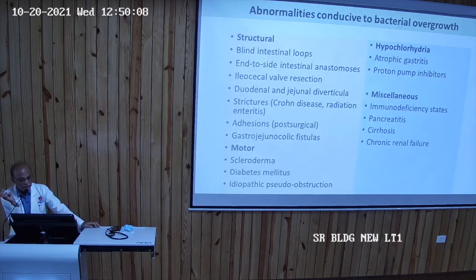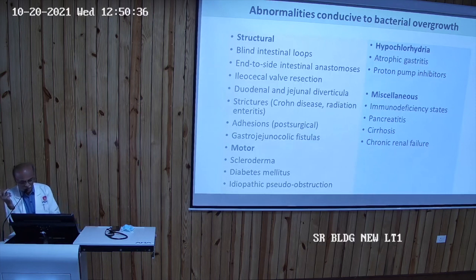Abnormalities conducive to bacterial overgrowth, as you know, are structural, when we are doing anastomosis, and motor diseases like scleroderma, which will cause functional stasis. Diabetes mellitus, gastroparesis, we know it, and paralytic ileus, all these can lead to bacterial overgrowth. Hypochlorhydria, as in atrophic gastritis or due to proton pump inhibitors, may lead to malabsorption syndrome.